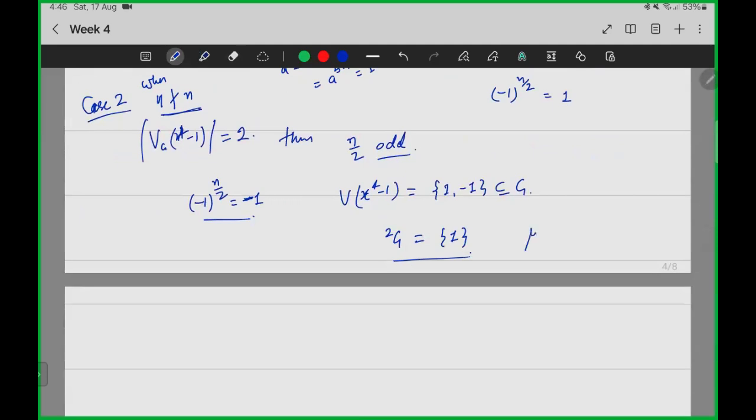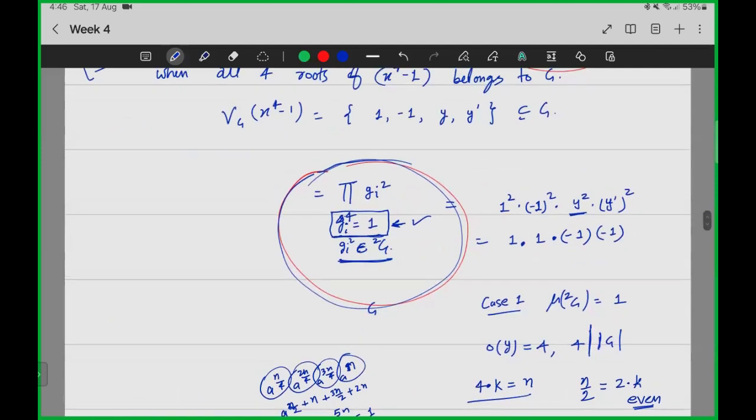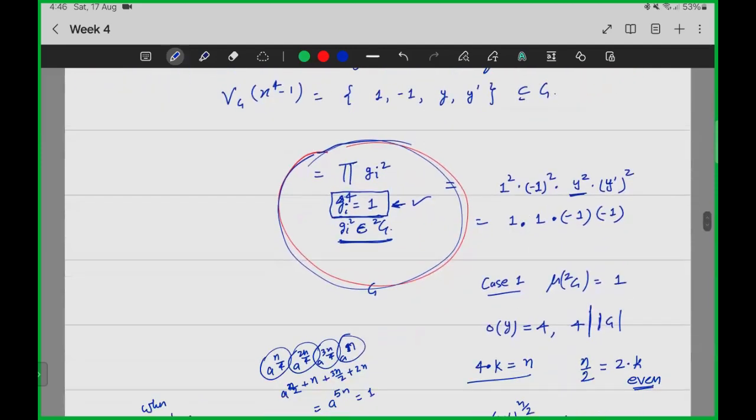So the product mu of 2G becomes just one element. With this extra condition, let me write star. This denotes that g_i to the power 4 is 1 and g_i squared belongs to 2G, that is, g_i is a square of something.